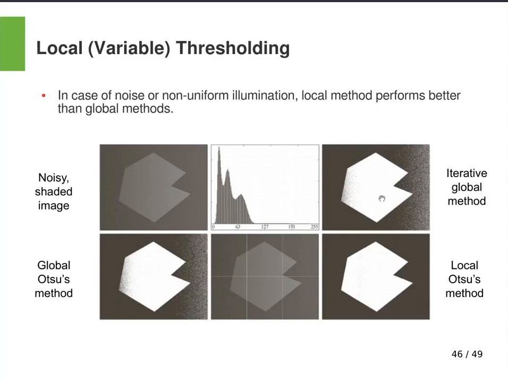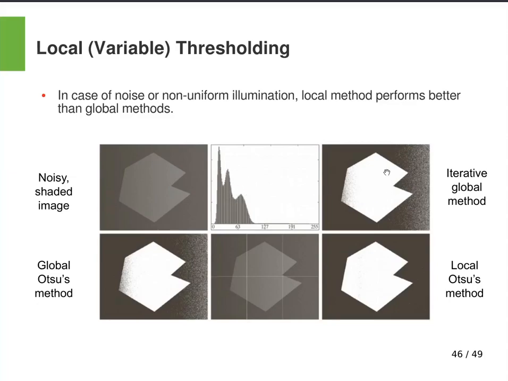So here you can see an example. This is the noisy shaded image. As you can see here, the left side is a bit darker than the right side, and if you calculate the histogram, you see three peaks even though you only have an object and the background, right? But because of this non-uniform illumination, different patterns appear in the histogram.